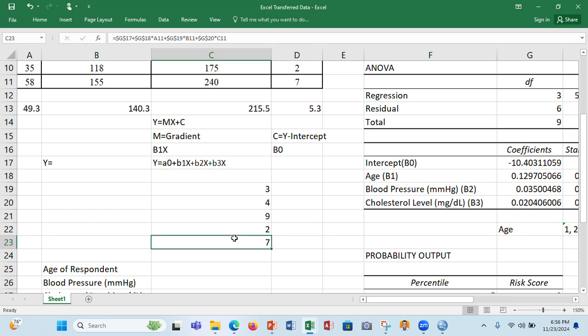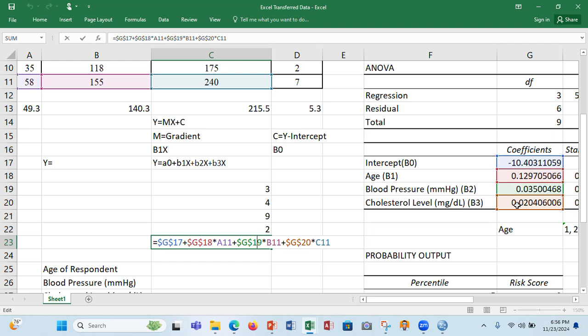For example, we can predict for a person who is aged 58, has blood pressure 155, and has cholesterol level 240. Then we base on the beta values here, which are coefficients.